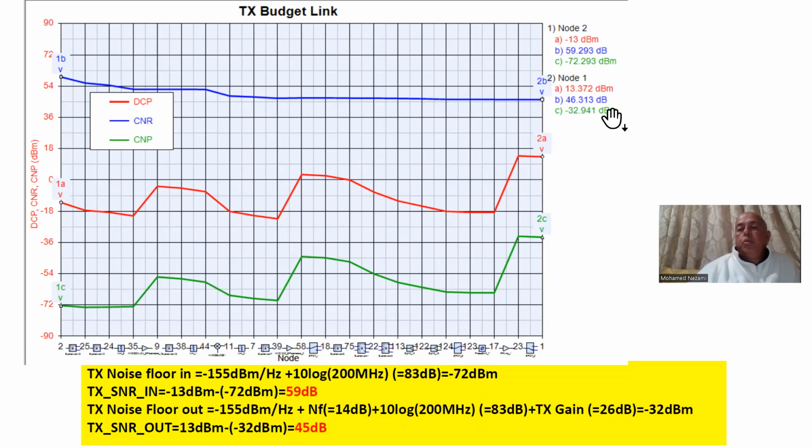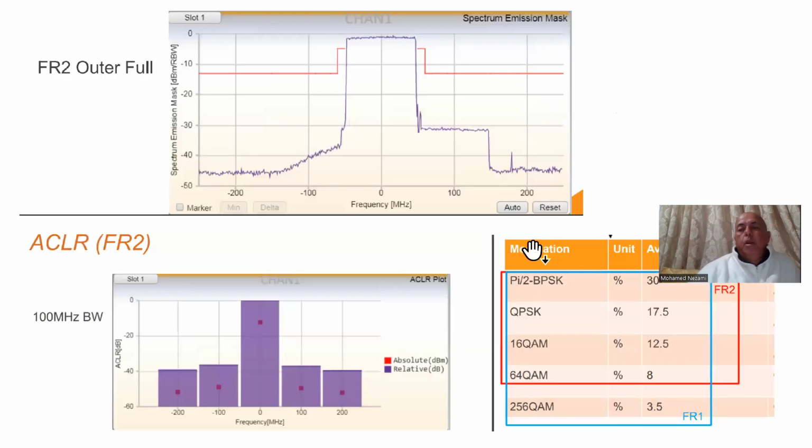So between minus 32 dBm and plus 13 dBm for the desired signal, the carrier to noise ratio is 46 dB, just like we calculated here, which is close to 45 dB. There's a dB difference somewhere in the chain. You can adjust for that if you like, but it's reasonably okay for right now.